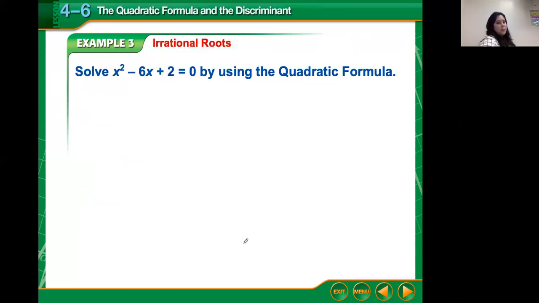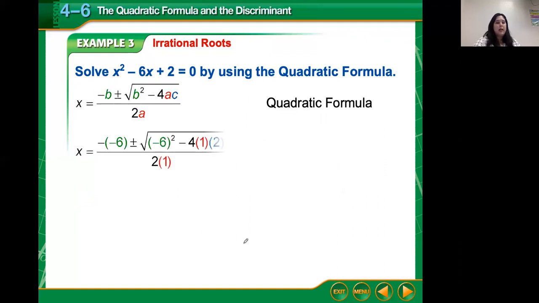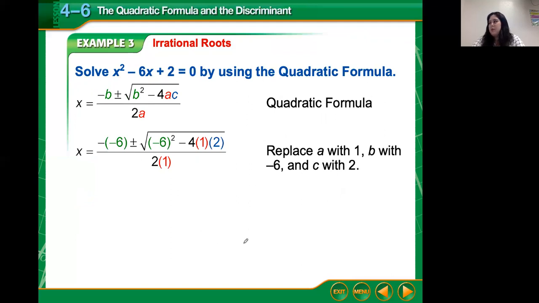All right, for our next example, we're going to look at irrational roots. So we're going to solve x squared minus 6x plus 2 equals 0 using the quadratic formula. We're going to use 1 for a, negative 6 for b, and 2 for c. And we're going to substitute those values in and simplify to get 6 plus or minus the square root of 28 over 2. So this is irrational because this is not a perfect square, so we're going to end up with a radical in our answer.